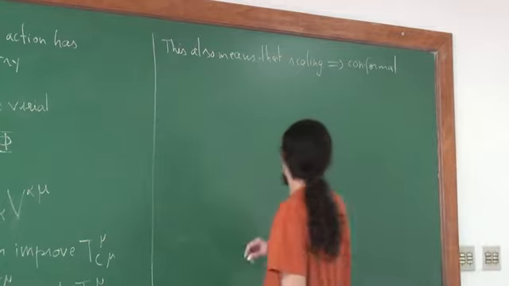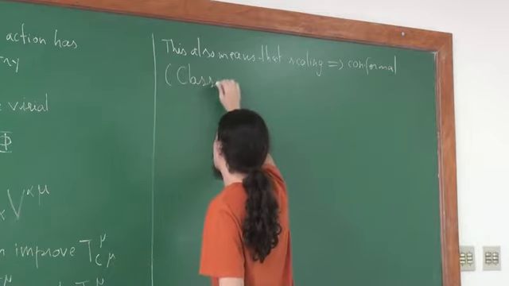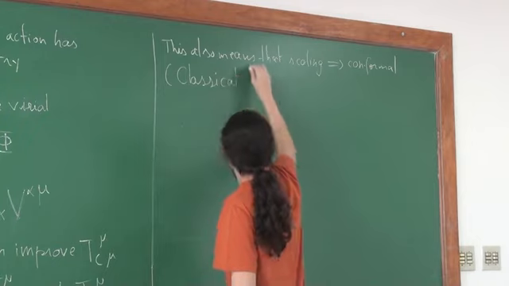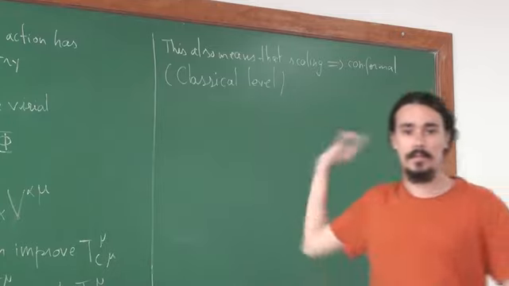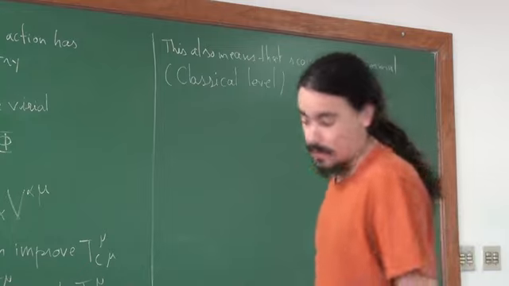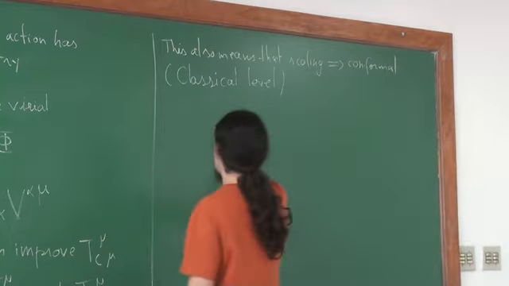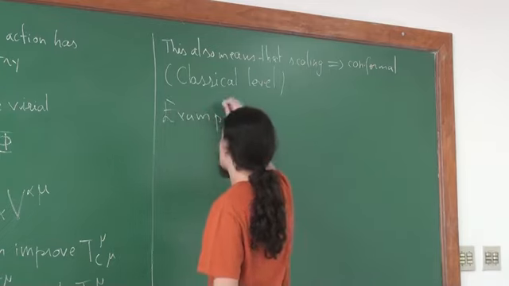And just again to emphasize, this is at the classical level. I did not emphasize this as much in the previous lecture. We looked at the simplest example, which is the scalar field.